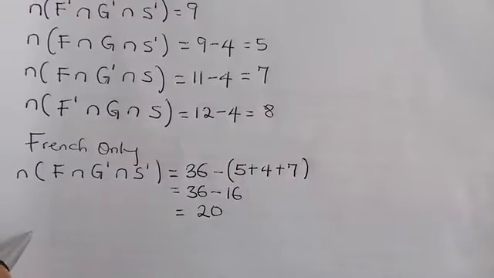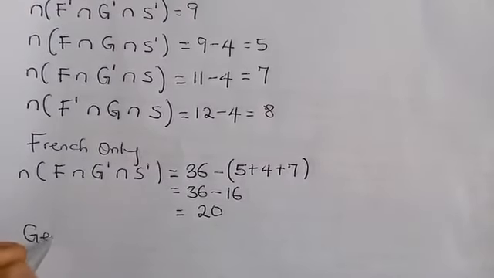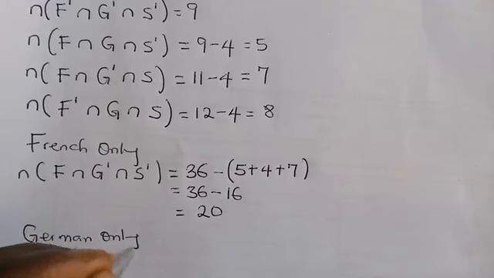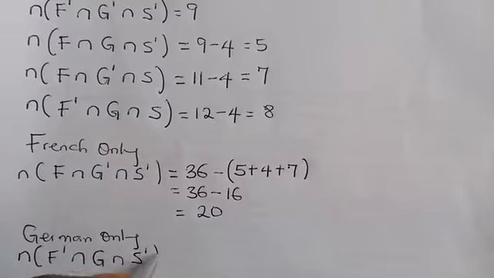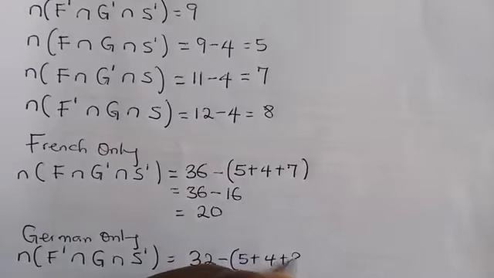So for German only, we have the cardinal number of F prime intersecting G intersecting S prime. And that's equal to 32 minus, we have 5 plus 4 plus 8.